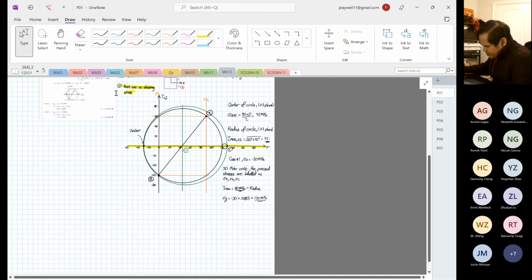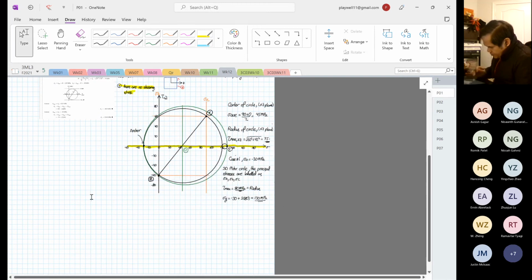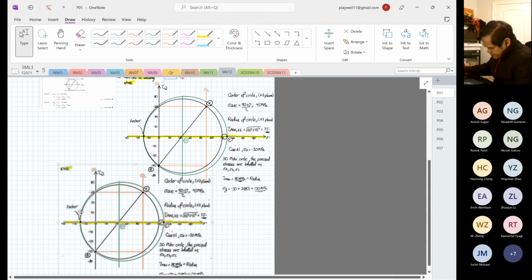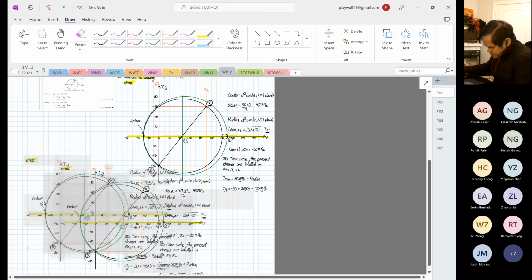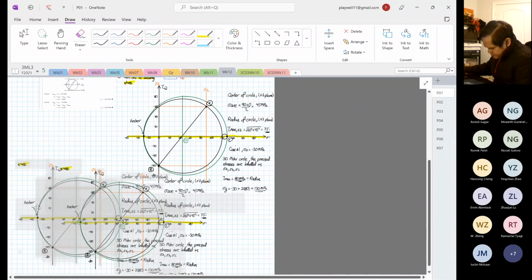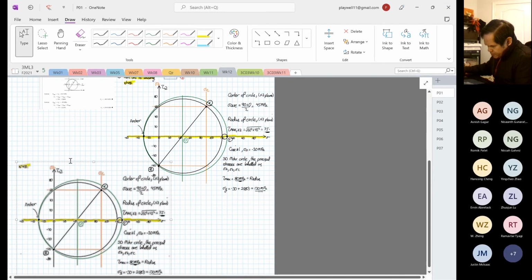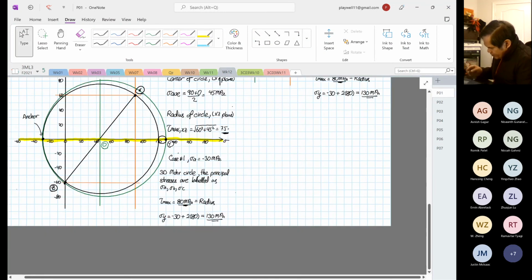I'm going to copy this circle, and then paste it here. I'm trying to do a paste now. I think I'm good now. So I'm going to wipe everything off except the circle.